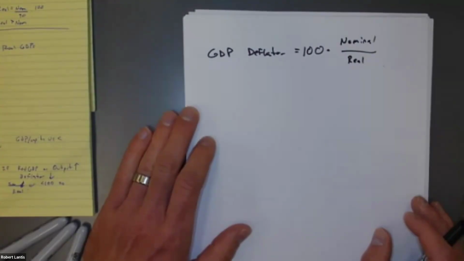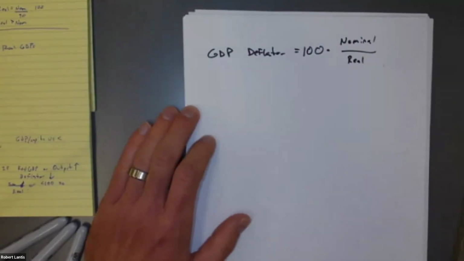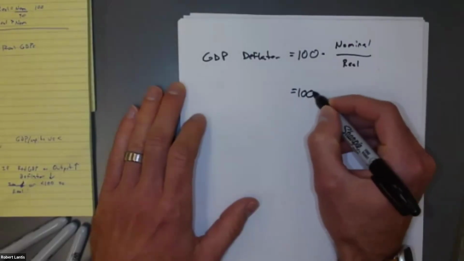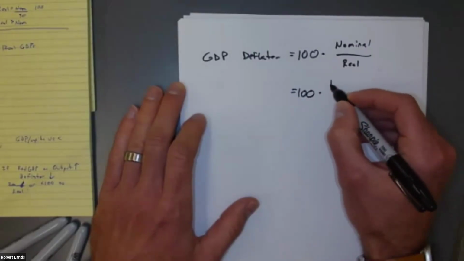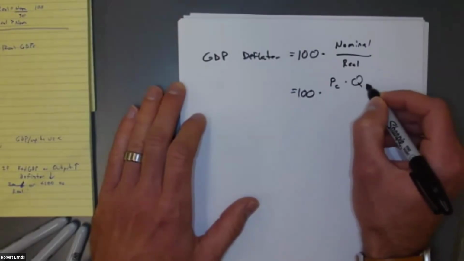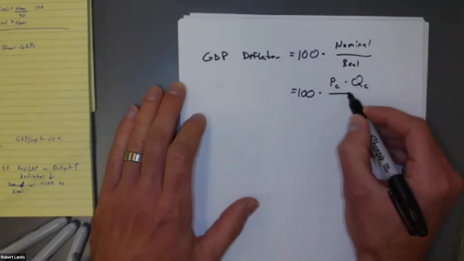So if I'm thinking about the base year, remember, nominal GDP was my current prices times my current quantities.